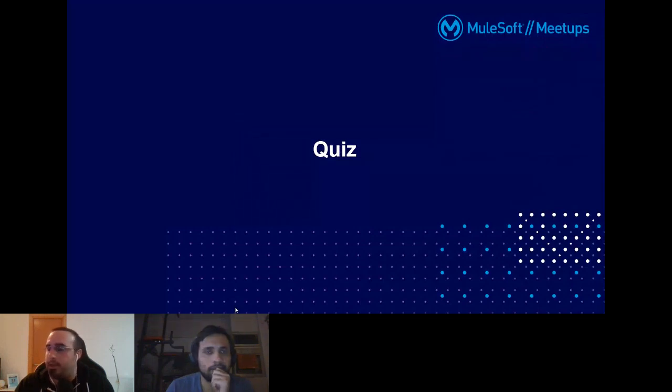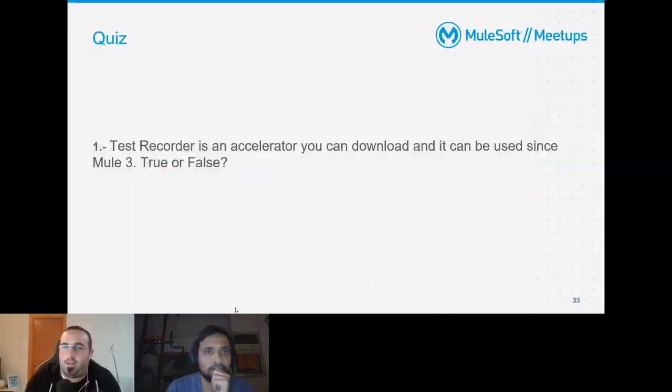So first question: Task Recorder is an accelerator you can download and it can be used since Meetup 3. True or false? Actually, it's false. It's embedded in Anypoint Studio and it's available since Mule 4.